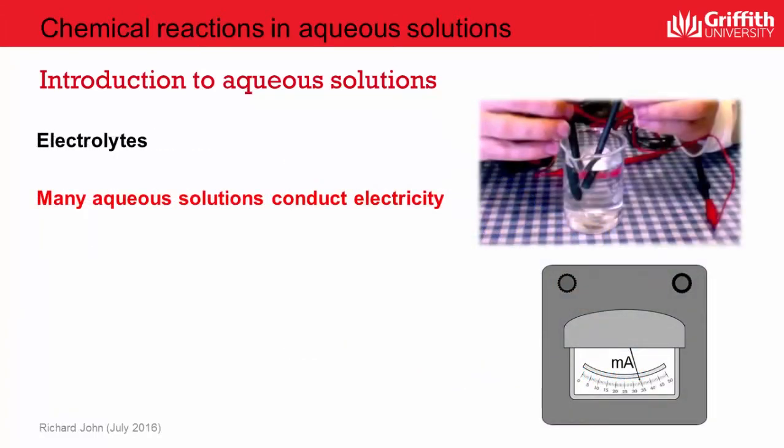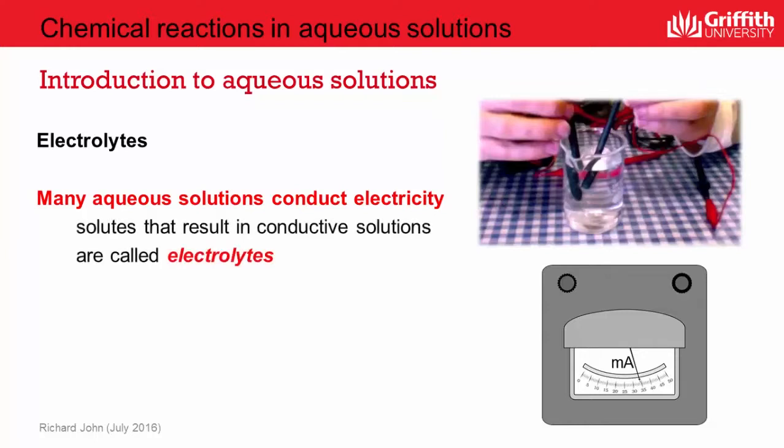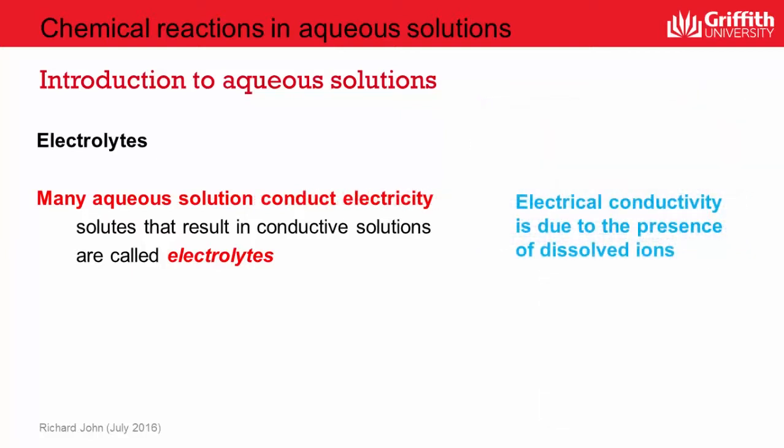It turns out that many aqueous solutions conduct electricity, and solutes that result in a conducting solution when they are dissolved in water are called electrolytes. And the electrical conductivity of these solutions is actually due to the presence of dissolved ions, that's positively charged cations and negatively charged anions, which are able to move and migrate in the presence of an electric field.